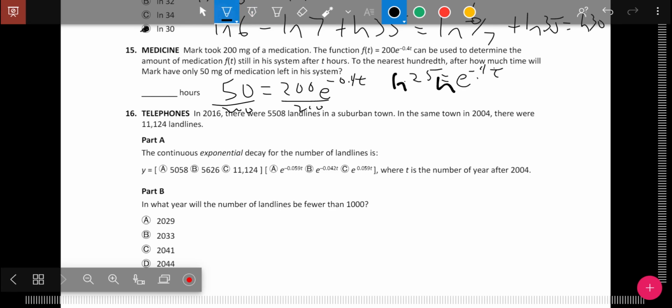So now I get ln 0.25 equals negative 0.4t. I divide both sides by negative 0.4. And I get t is about 3.47. So it's 3.47 hours.